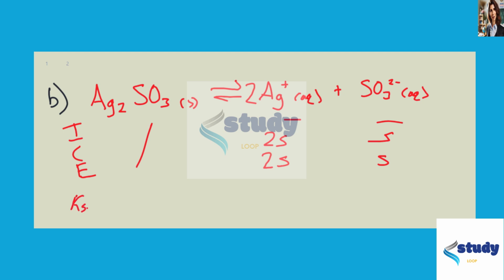So when we have this ratio, with these terms for the equilibrium concentrations, the KSP will be equal to 4S cubed. And we can go ahead and plug in our molar solubility here, which is 1.55 times 10 to the minus 5.